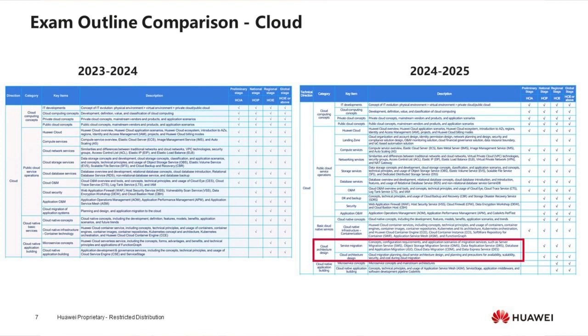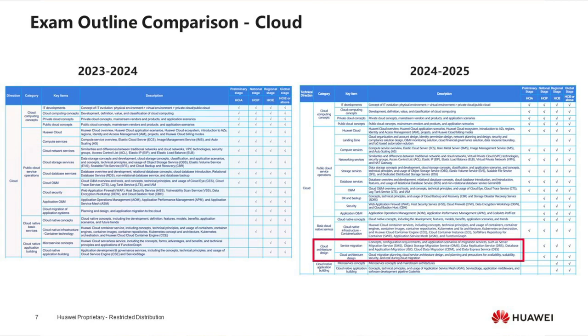So you'd better get prepared for this part. It's new content we have added this year. Except for these newly added contents, you also need to know about the other things.